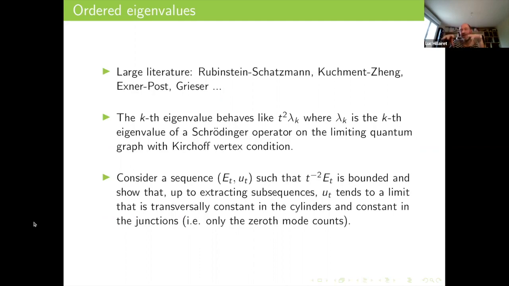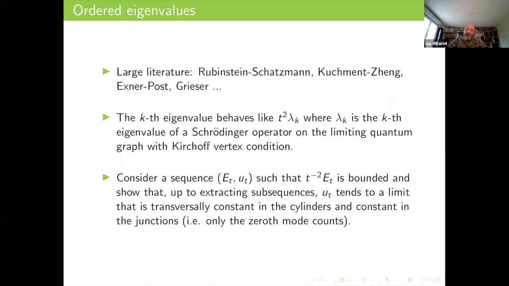If you have cylinders of width t and fixed length, then the spectrum converges to the spectrum of the graph. But now I have rescaled by t squared, and that's why my t squared is popping up everywhere. And so you extract a subsequence like that.